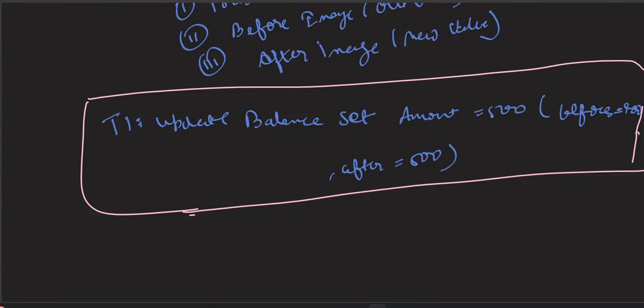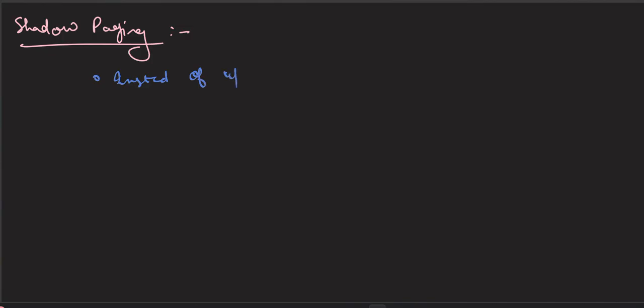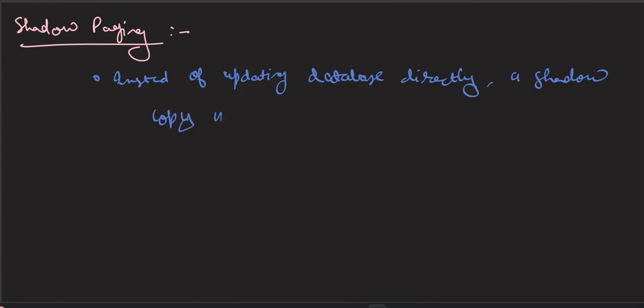The third one is shadow paging. In shadow paging, instead of updating the database directly, a shadow copy is created.